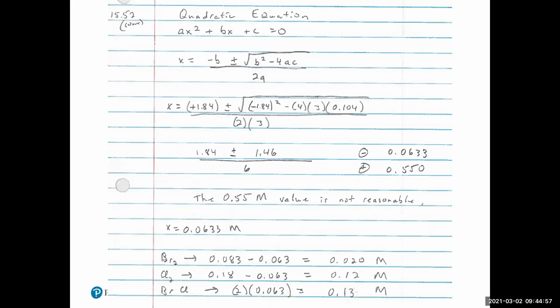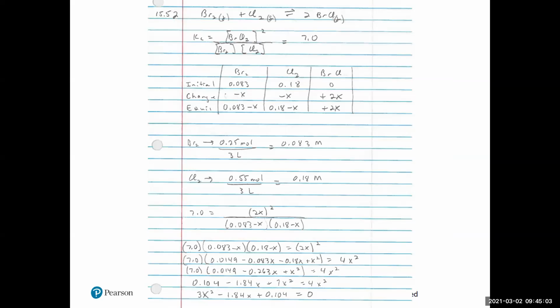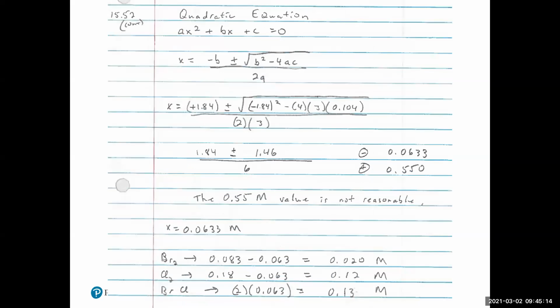Well, which one is it? Well, this is where we need to go back and look at our start here. Remember our initial, we had a 0.083 and a 0.18 as initial concentrations. Well, the 0.55 is bigger than those, right? So we can't be starting with a negative concentration in our reaction.